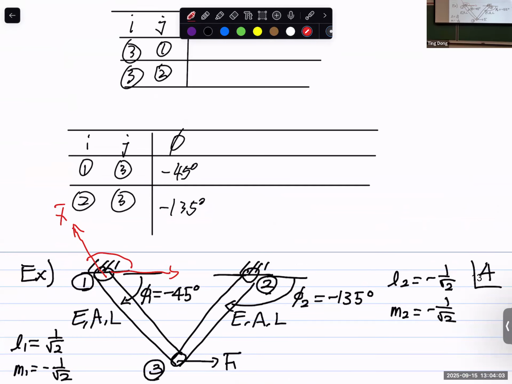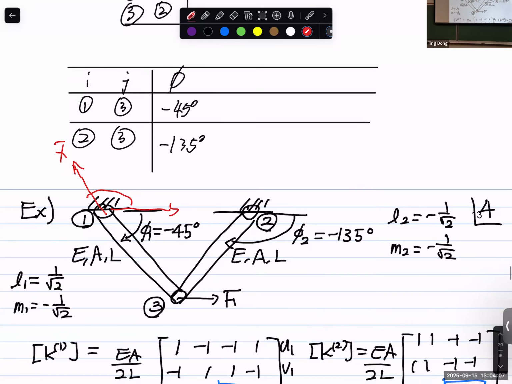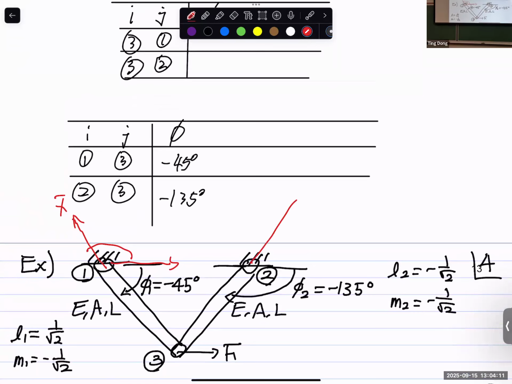Make sense or not? The same thing if I define from 3 to 2. Now this becomes the local x for the second element, and again this is the global x, and this is the phi angle. So now you can see that.